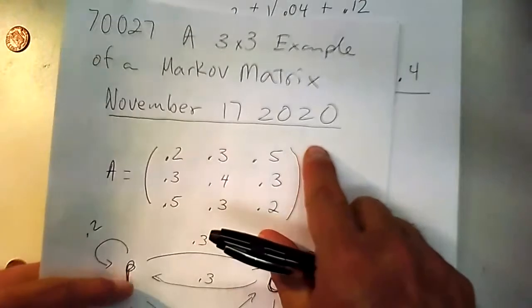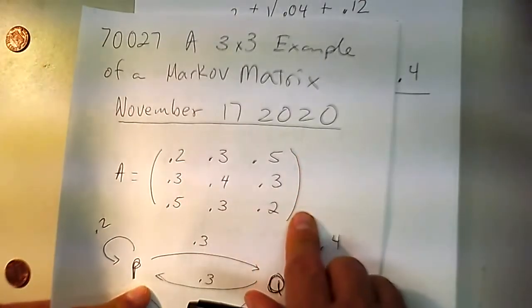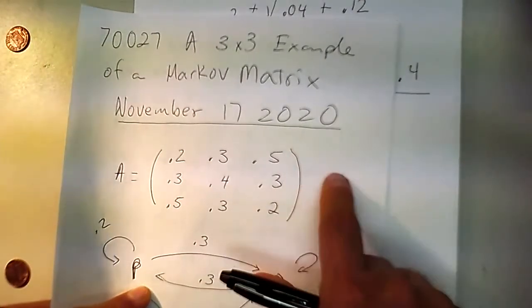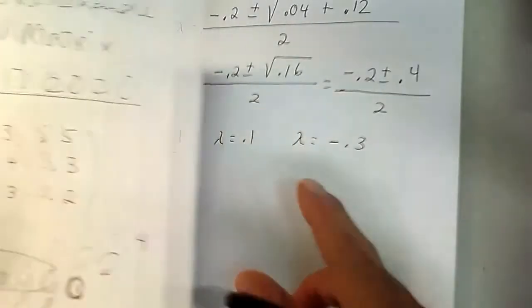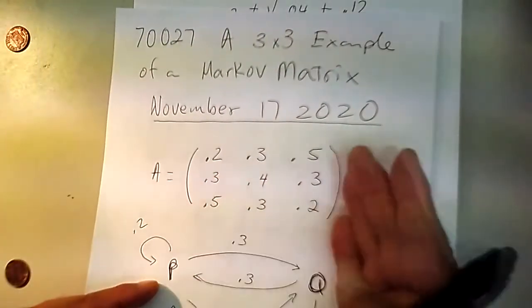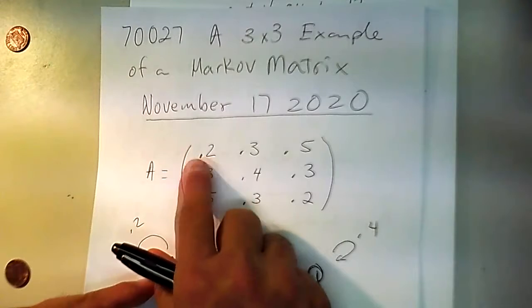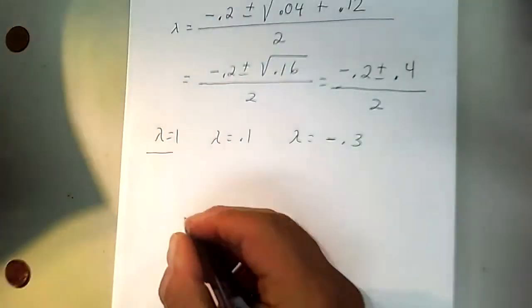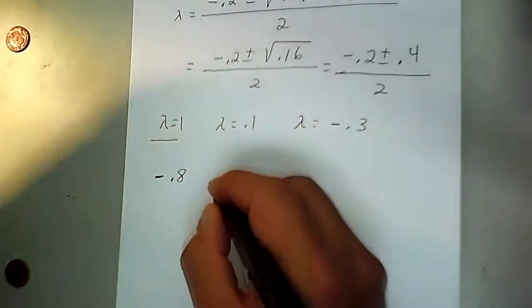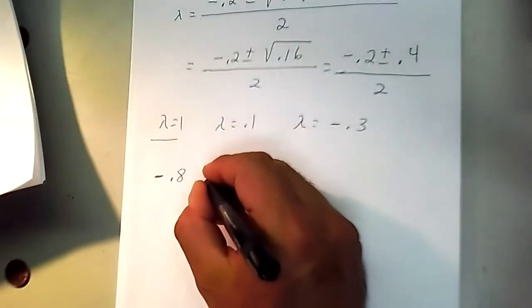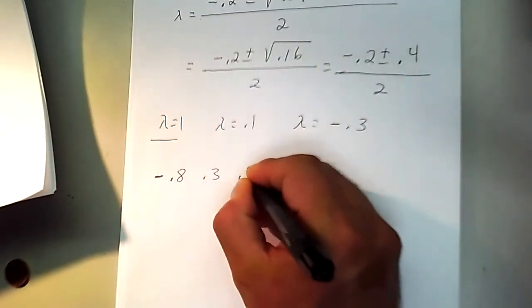We understand we're going to multiply by a generic ABC vector equaling ABC, because ABC times 1 is the ABC vector. And so when we move it to the left side of the equation, this guy becomes negative 0.8. So negative 0.8. The other two remain the same, 0.3, 0.5.